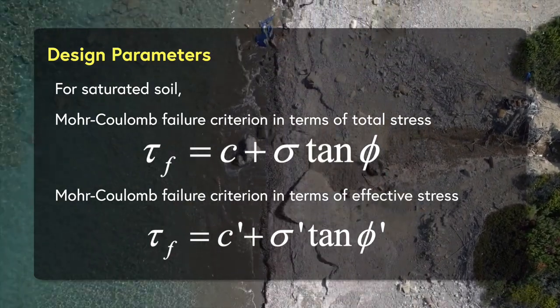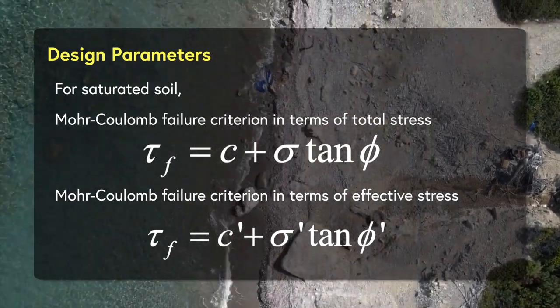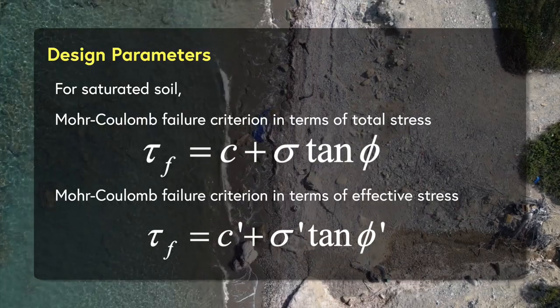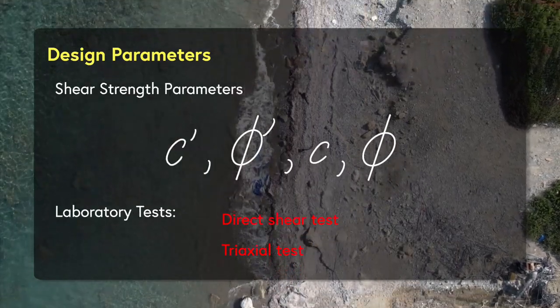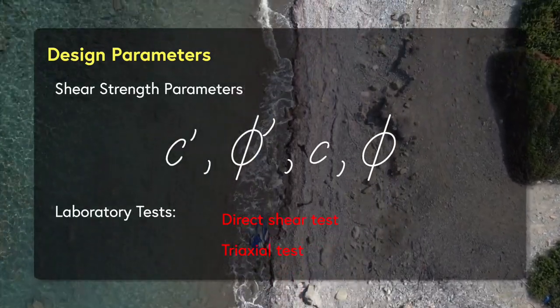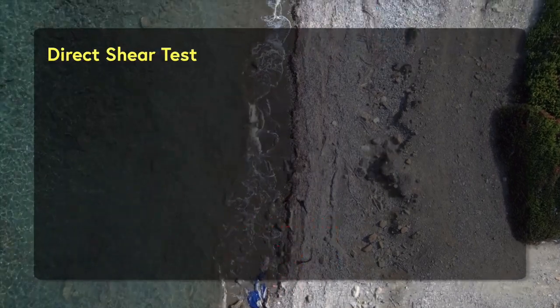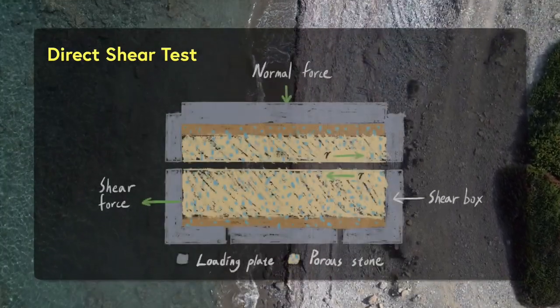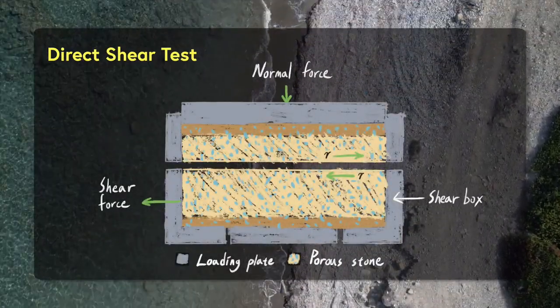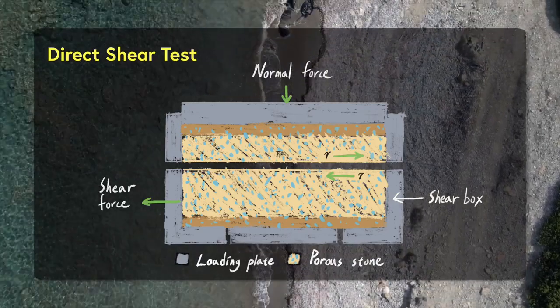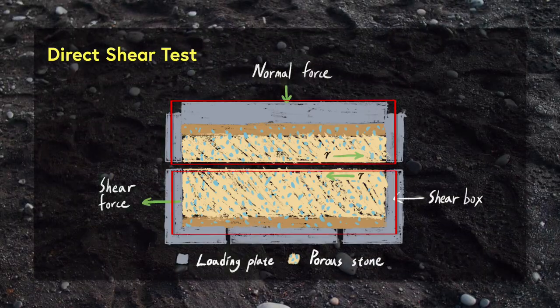So let's look at how we can evaluate these shear strength parameters based on some laboratory tests. The commonly used laboratory tests would be the direct shear test and triaxial test. For the direct shear test, basically it would contain a shear box, and the shear box is split into two halves.